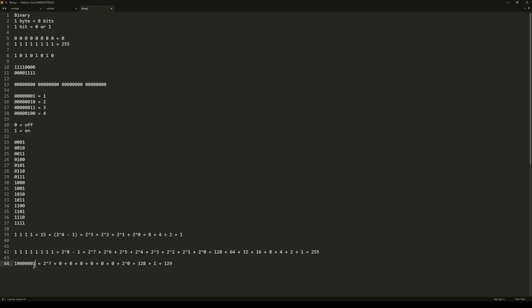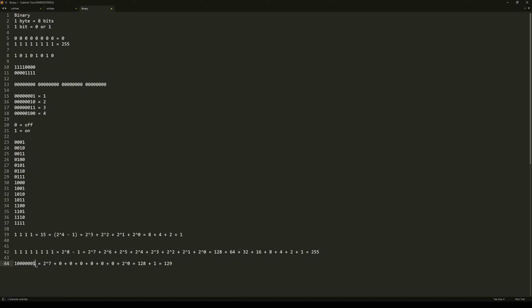So one easy way to think of it is that each one of these bits is a position from 0 to 7, or 0 to whatever the number of bits is, and each one of these ranging from 0 to that number, if there's a 1, then it will be 2 to the power of that position.